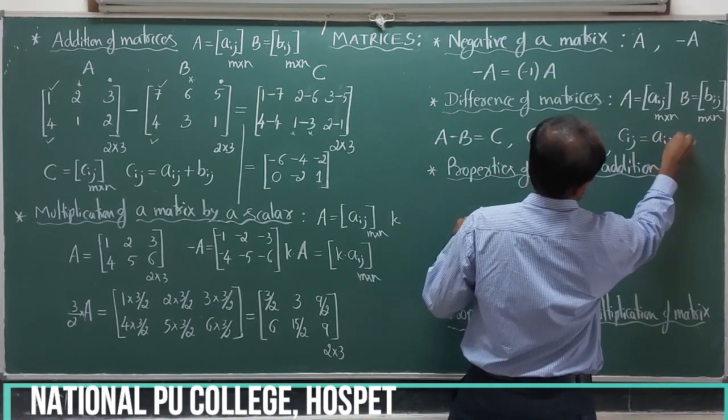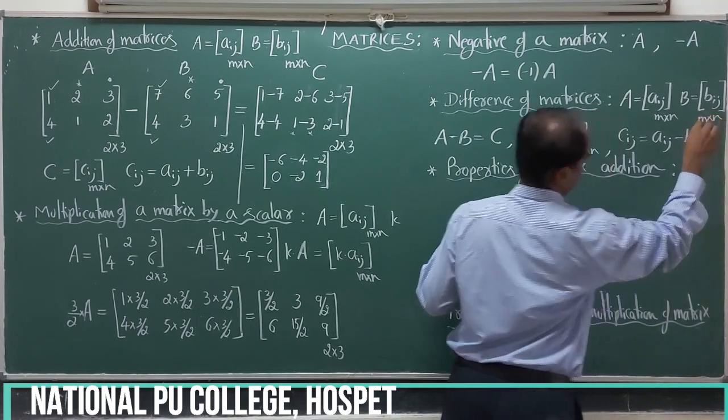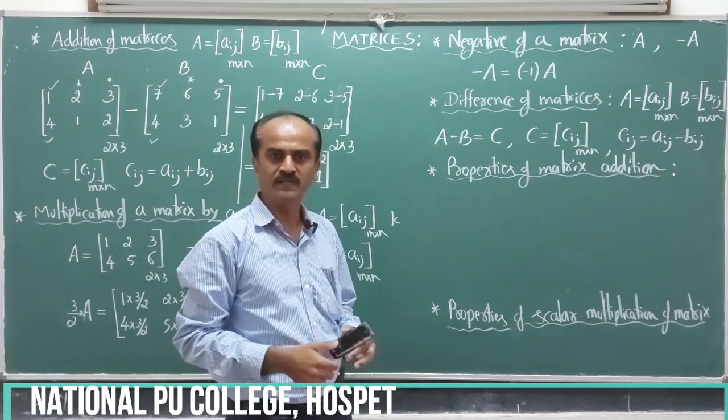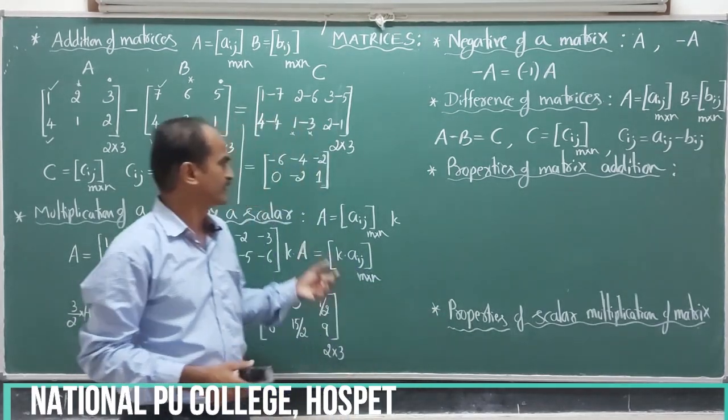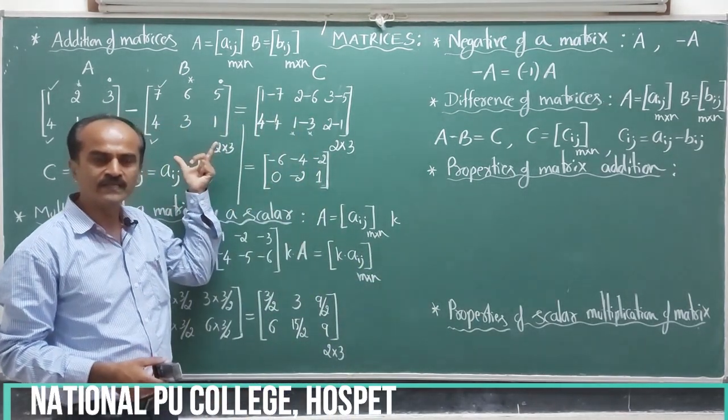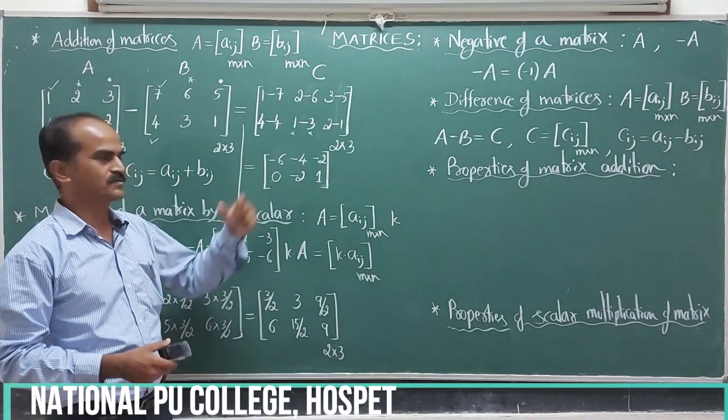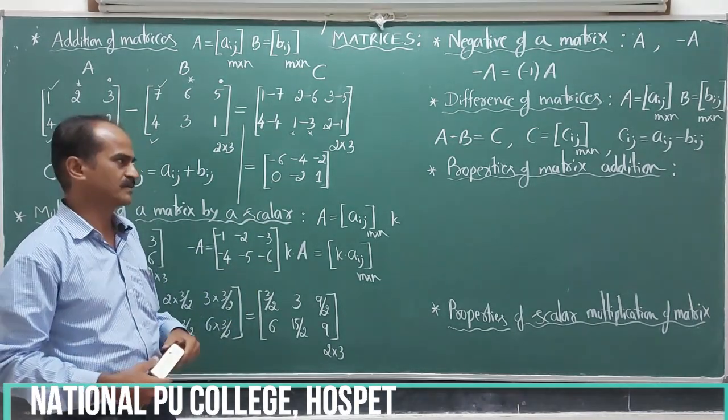Aij minus Bij. Subtract the corresponding elements of the matrices. You end up with one more new matrix that is the difference of A and B. So this is the difference of matrices, just like addition of matrices.